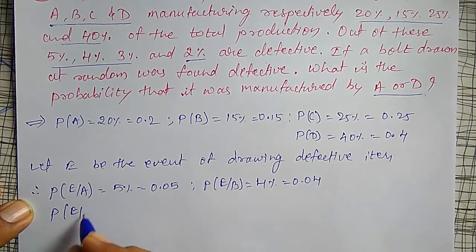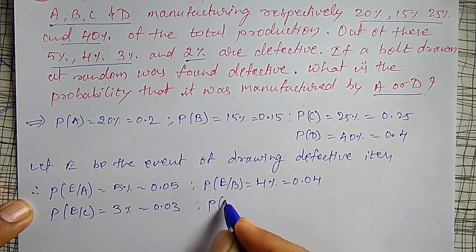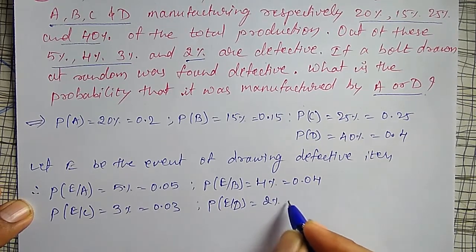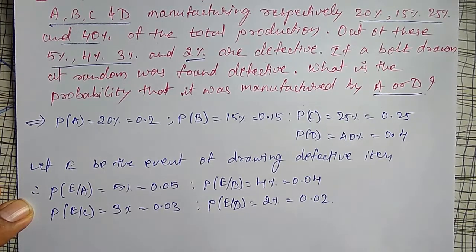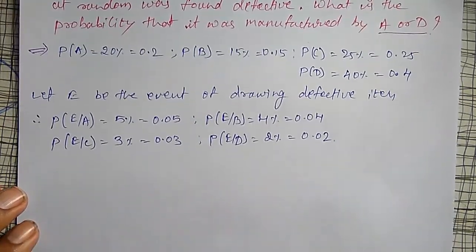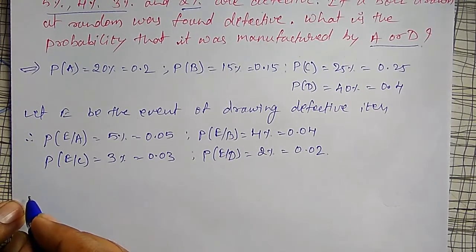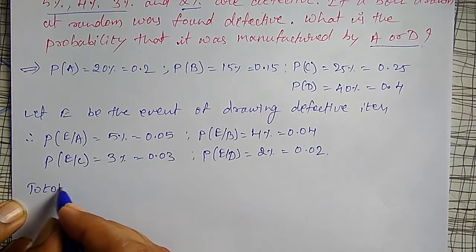Probability of E relative to C, 3%, 0.03. Probability of E relative to D is given as 2%, 0.02.